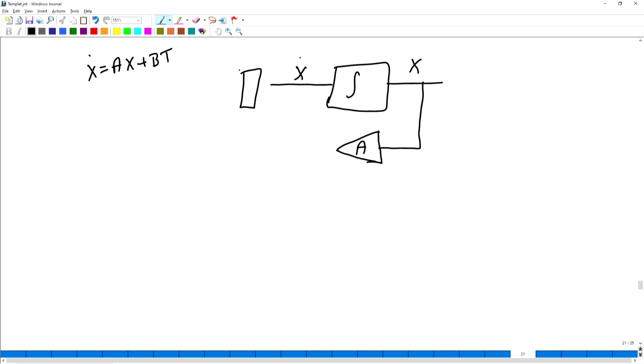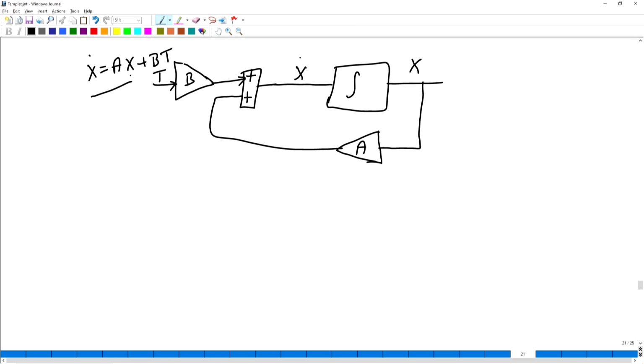Here we have a summing block, plus plus, and here we have x dot equals A into x plus B into u or T. Here the matrix is B and the input is torque. So this is the block diagram for x dot equals Ax plus BT.